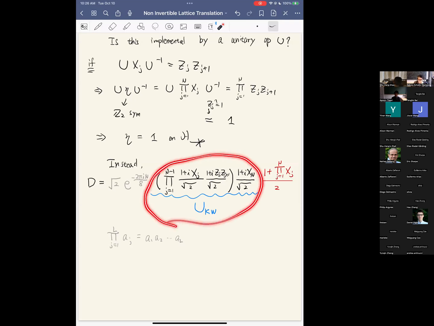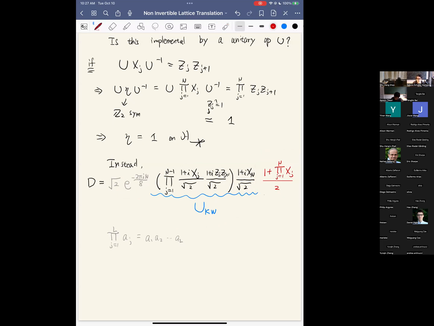This operator is unitary. It's very easy to verify that each individual term here is a unitary operator. It's invertible and it's unitary. And obviously the phase is unitary. The root 2, as I said, don't worry about it too much. The part that makes it funny is the last term.